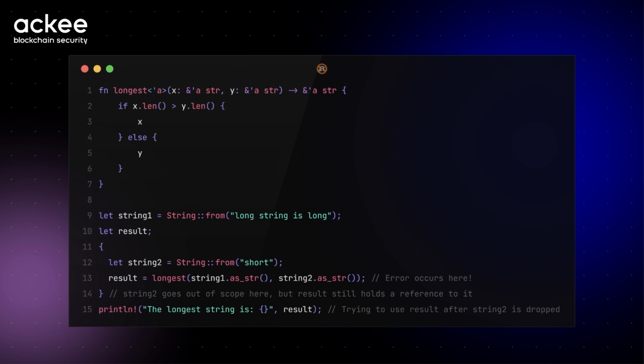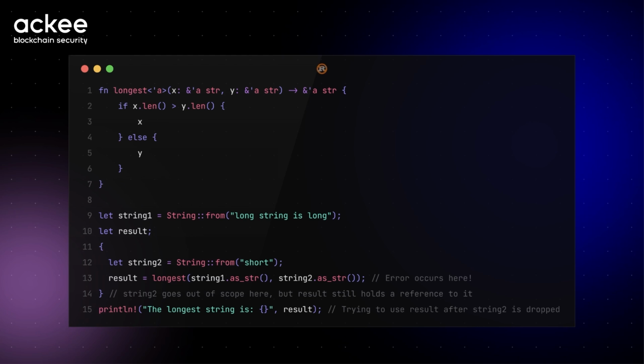And then we go into the block. On line 12, we create a second string with the content "short", and we assign a value to result based on whether the first string is longer or the second string is longer.